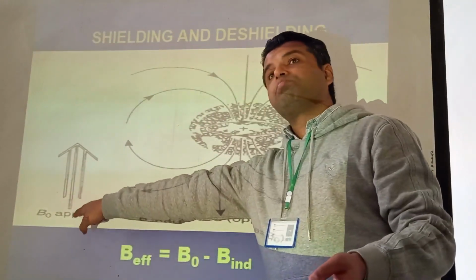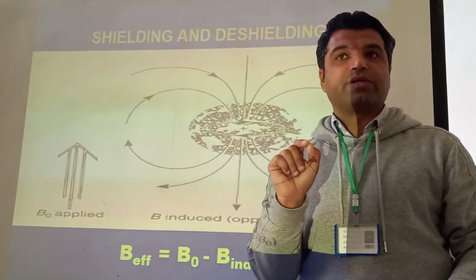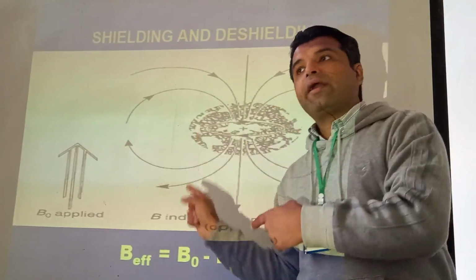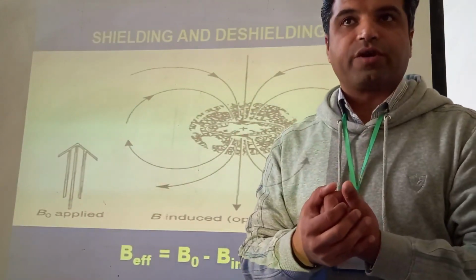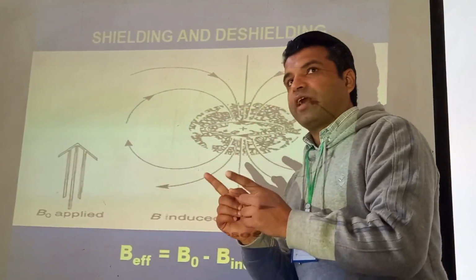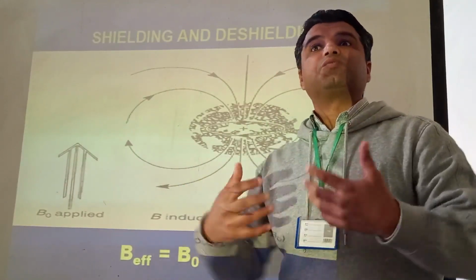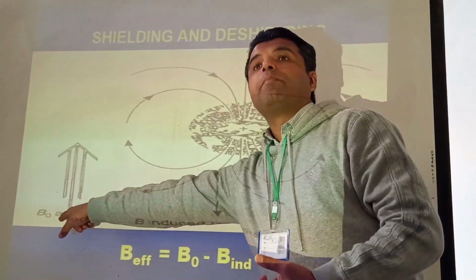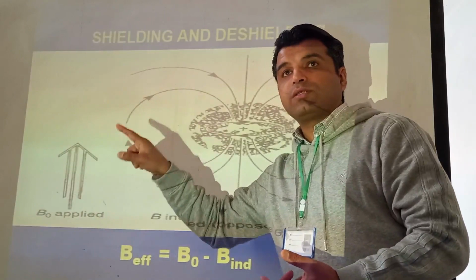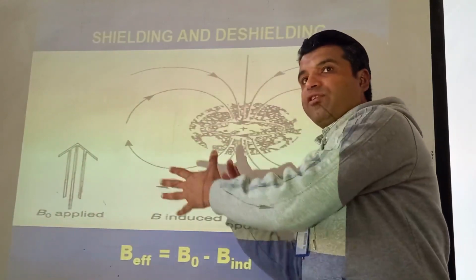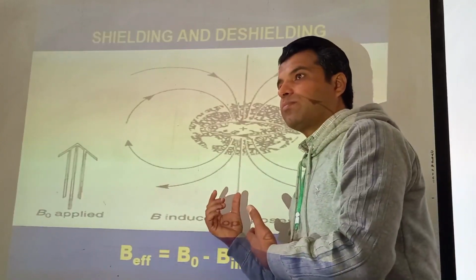Why do these protons then absorb different radio frequencies? It is because all of these protons are not experiencing the same applied magnetic field, because they have a different electron cloud, or electron density, around them.